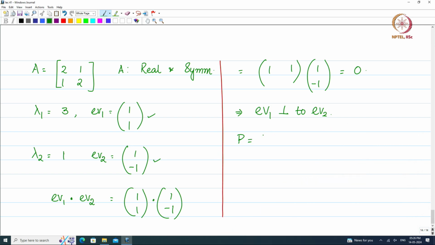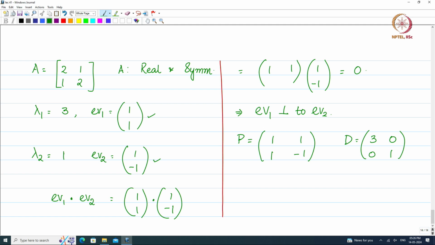That is something interesting. Now, let us take this matrix P. When we wanted to express A as PDP inverse, we took this matrix P, which is basically 1 1 and 1 minus 1. Our D matrix is basically 3 0 0 1. This is what it is going to be, right. Now, I want to do a small interesting thing here.